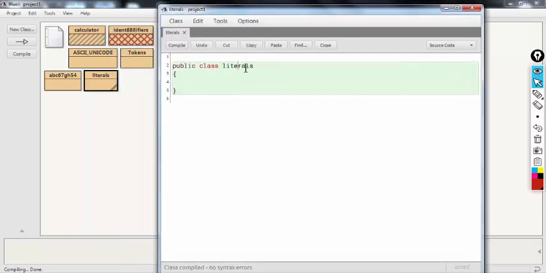So I have corrected it, but even if it was wrong, it would have still compiled, because last time we discussed identifiers, and identifiers can be any name of your choice.